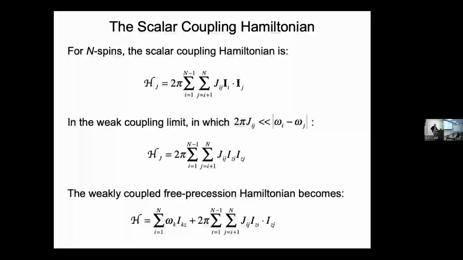So, yep. Why does J coupling not depend on how spins are oriented? It's a tensor. The J coupling is a tensor. And we're talking here about the isotropic part of the tensor, and the other parts of the tensor have either no or extremely hard to observe effects on the spectra.